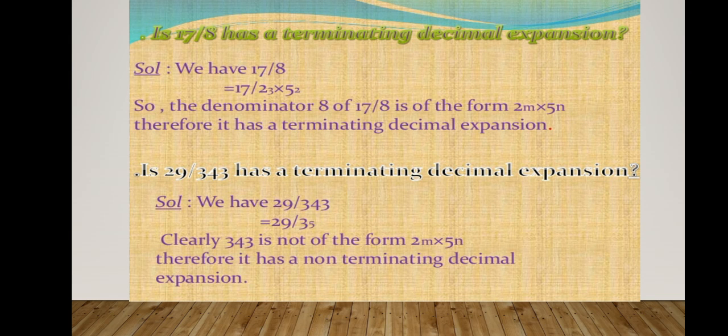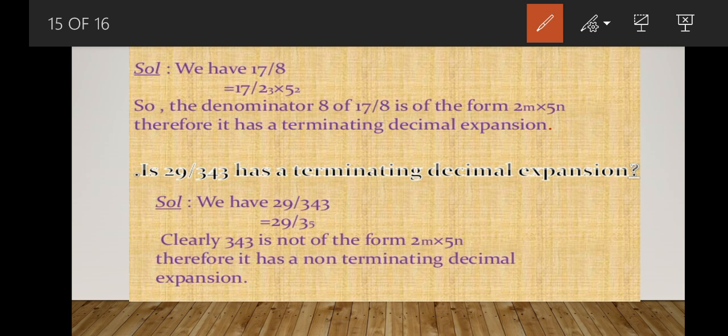As an example, 17 by 8 has a terminating decimal expansion. How would you know? In p by q you have to see only the denominator part. Take 8 and factorize it: 8 is the cube of 2 and 5 to the power 0, so 8 is equal to 2 cube into 5 to the power 0.